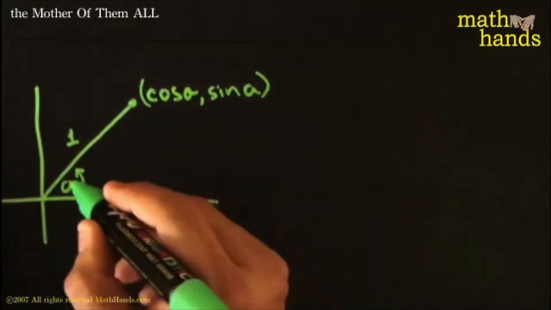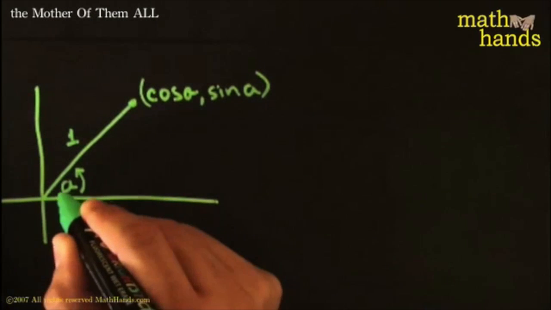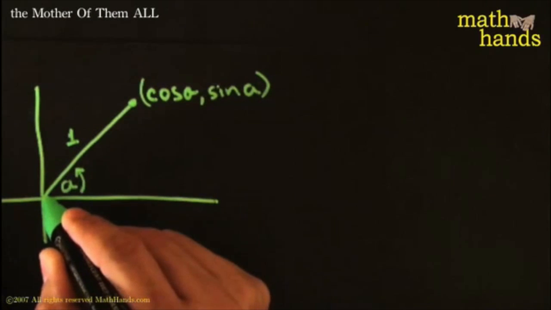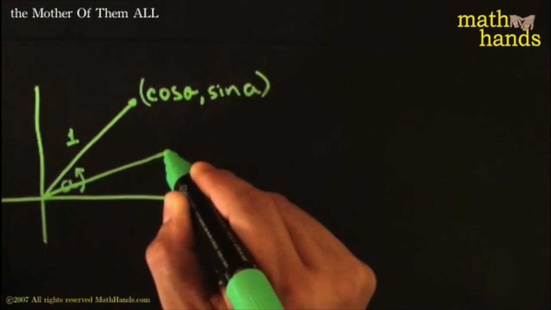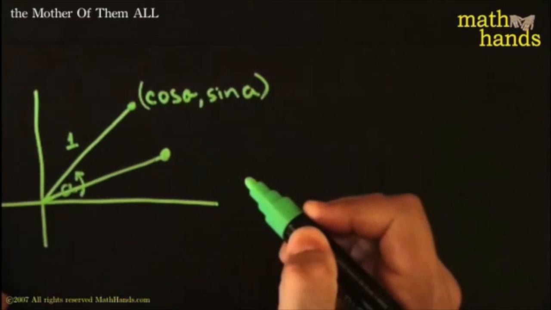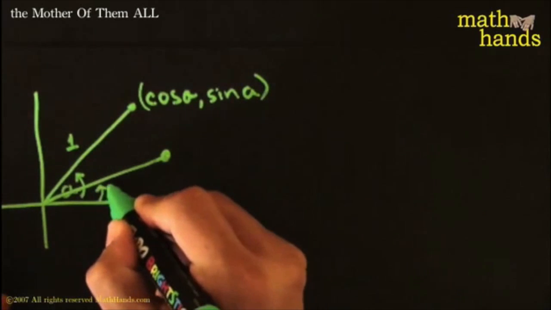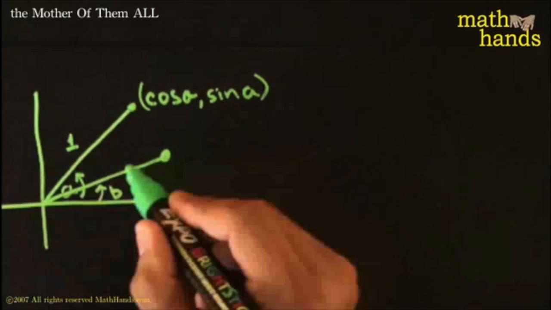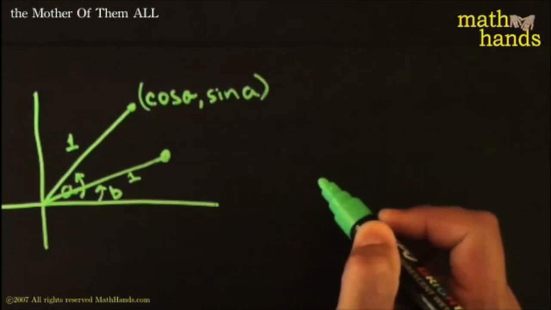And then the other thing to do would be to draw another segment. Let's say this segment will be angle B, and then we'll make it also length 1.